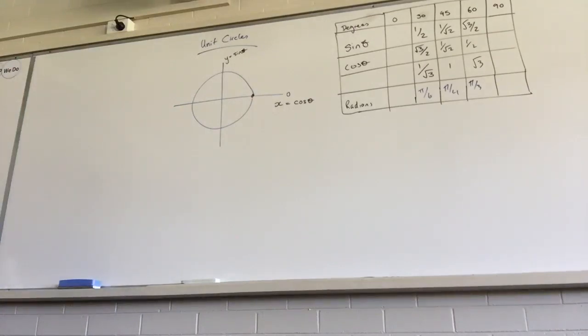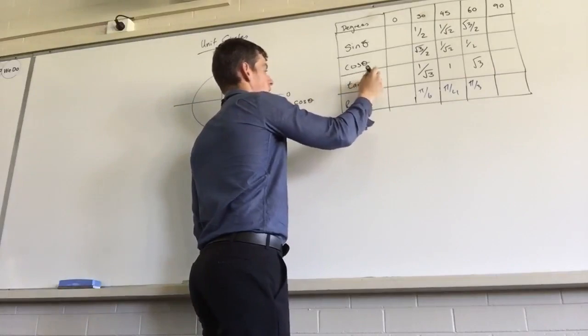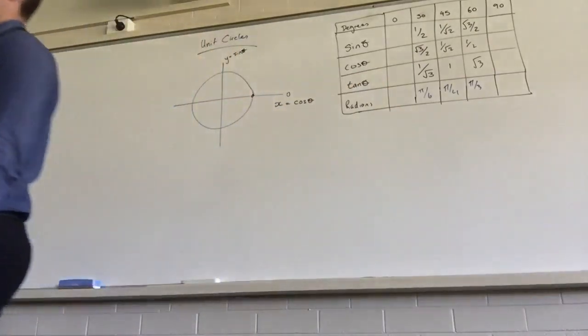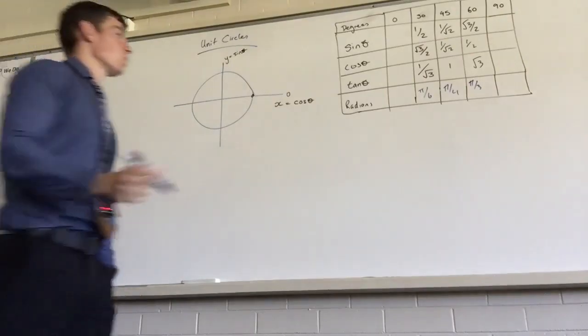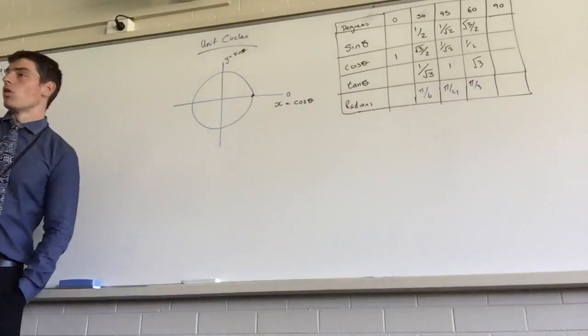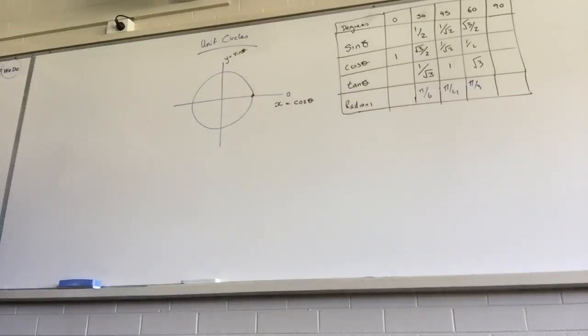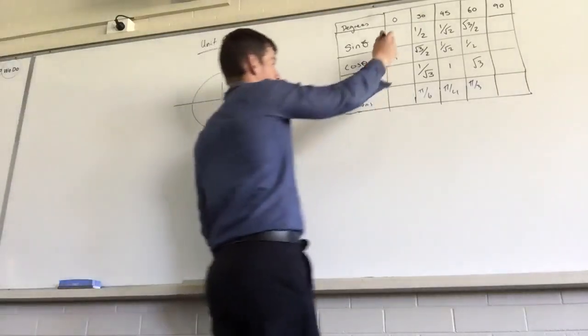What does y equal at that point there? 0. So, what does that tell me about cos of 0? Cos of 0 equals? What about sine of 0? What does the y value equal at 0? Very good.